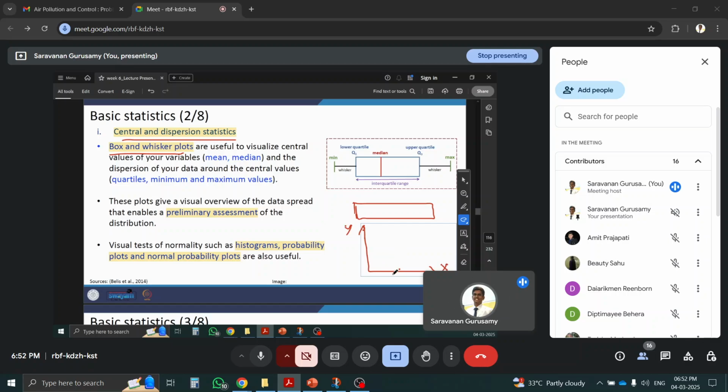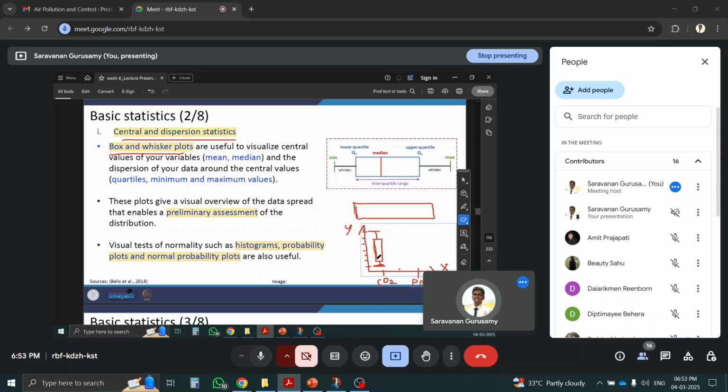And if you know the CO2 level and particulate matter level, I can plot it on a scale of 10, 20, 30, 40, 50, 100. So this is the box plot. After getting the concentration of CO2 from 100 locations, say for example, this horizontal level shows you the minimum level of CO2 of these 100 values, and this will give you the maximum level of CO2 of the 100 values.